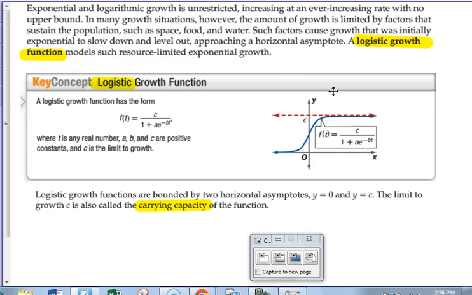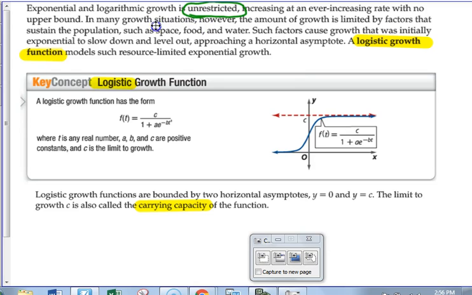All right, the next slide here says exponential and logarithmic growth is unrestricted, it will continue to grow, okay? We talked about that. Logarithmic grows much slower. Exponential could grow slow if it had a small enough growth rate, all right?